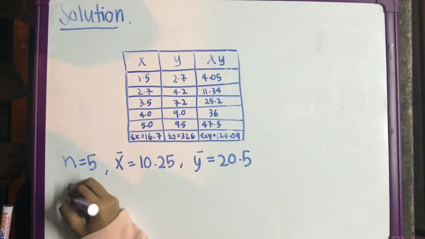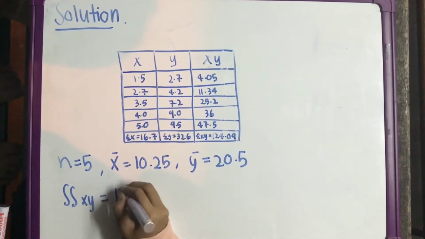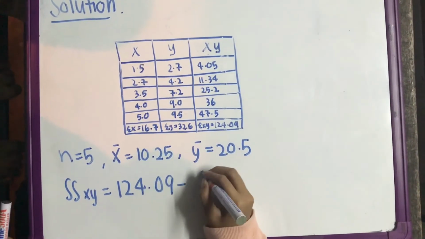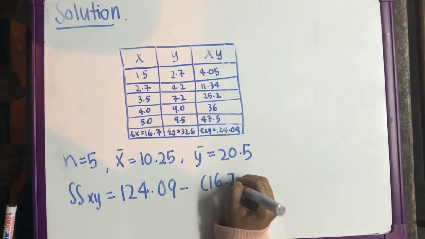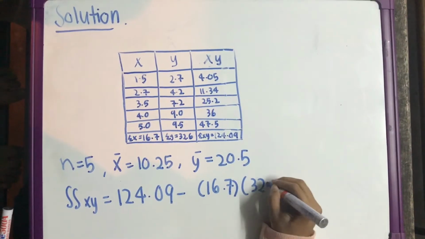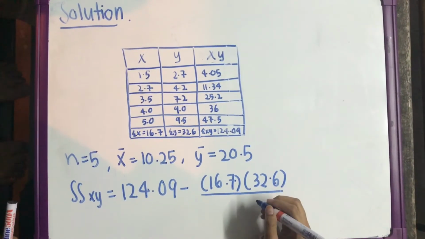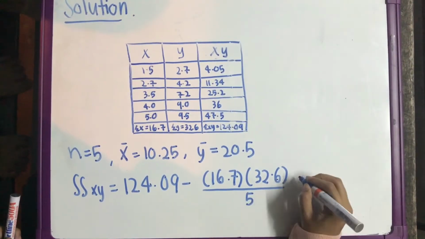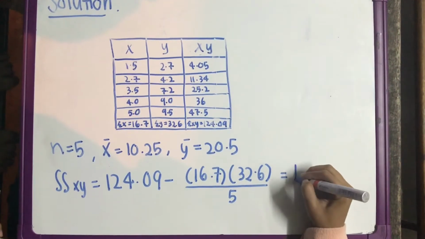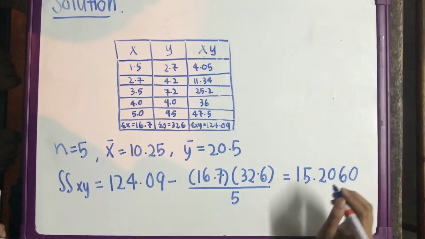And then to find the covariance, you must find SSXY first, using the formula total xy minus total x multiplied by total y and divided by the total number, which is 5, and you will get the answer 15.2060.